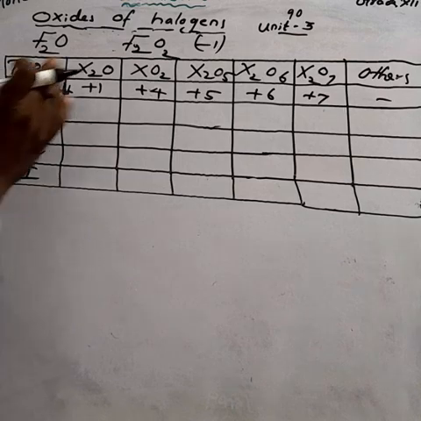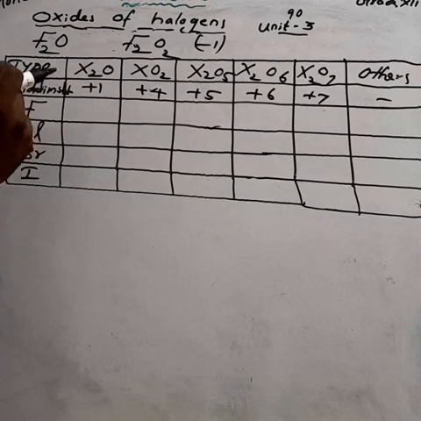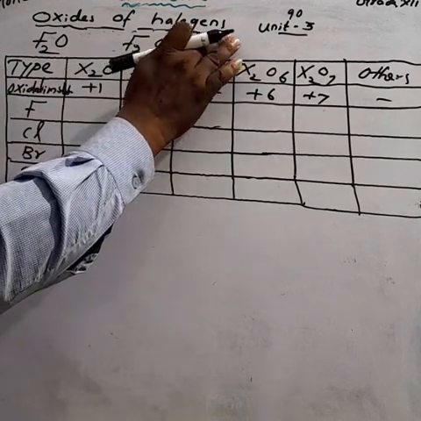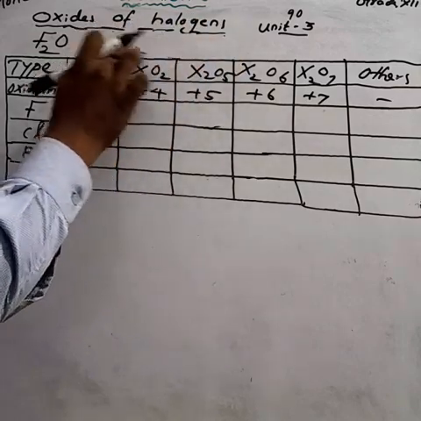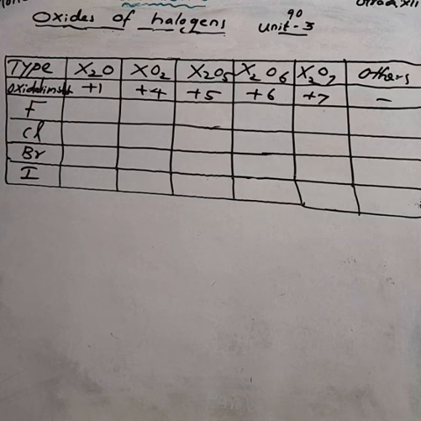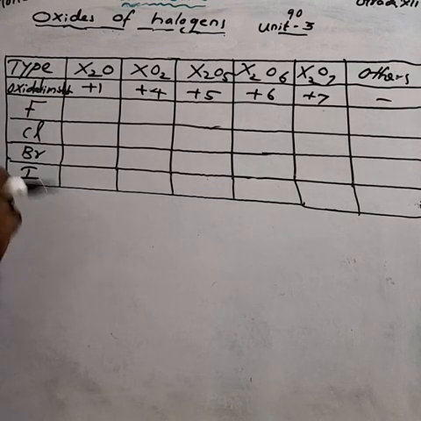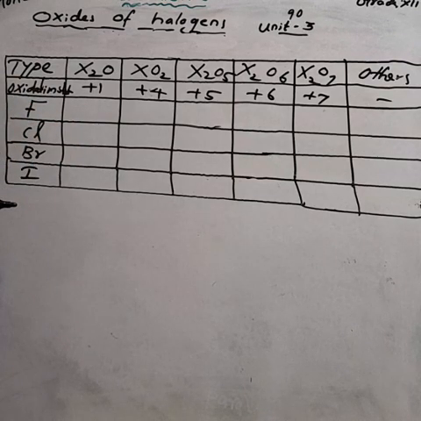Previously we discussed how we can find out the oxidation state. But except fluorine, the other halogens do not react with oxygen readily. Fluorine can readily react with oxygen, but chlorine, bromine, iodine do not.